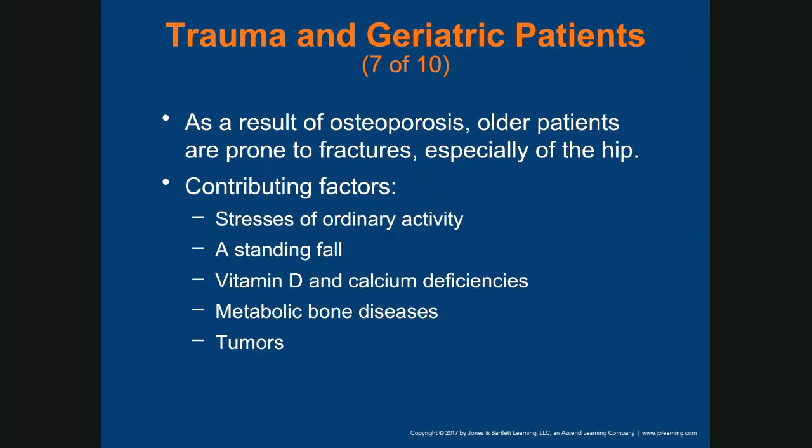As a result of osteoporosis, older patients are prone to fractures, especially the hip. Hip fractures are very common in your geriatric population, right? Contributing factors: stresses of ordinary activity, a standing fall, vitamin D and calcium deficiencies, metabolic bone disease, tumors.